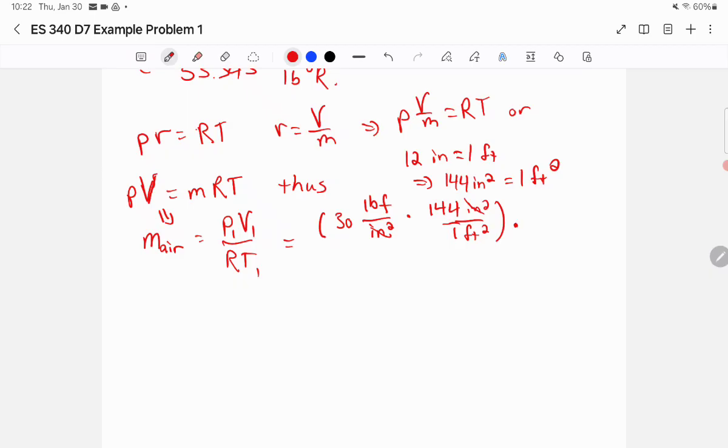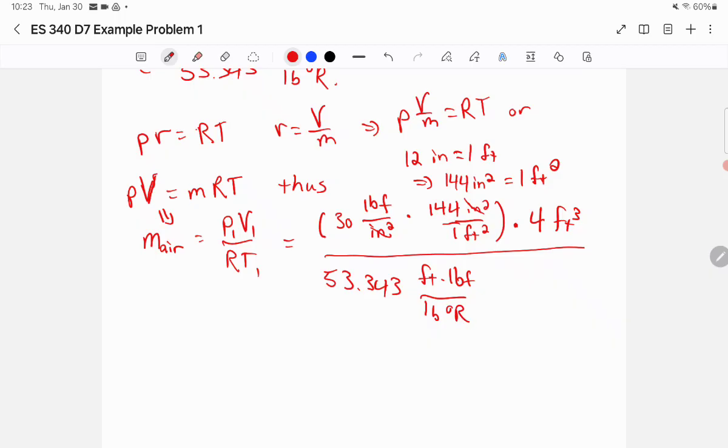Everything inside of here was just my pressure. Now times the volume, which was 4 feet cubed, divided by 53.343 feet times pound force per pound degree Rankine times 999.67 degrees Rankine.